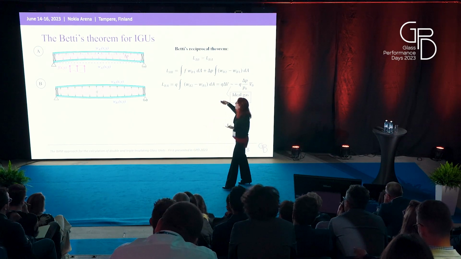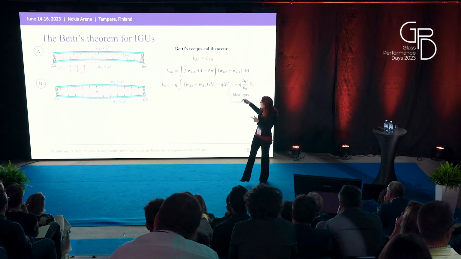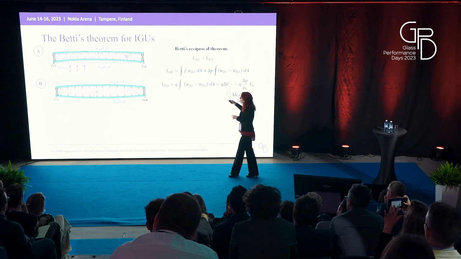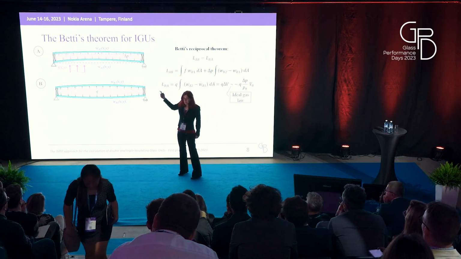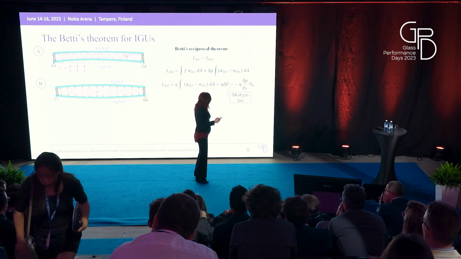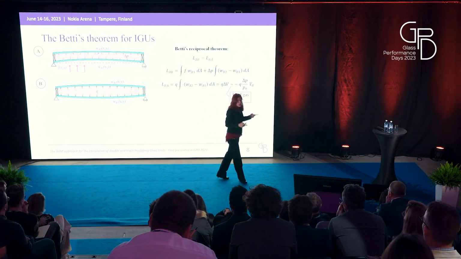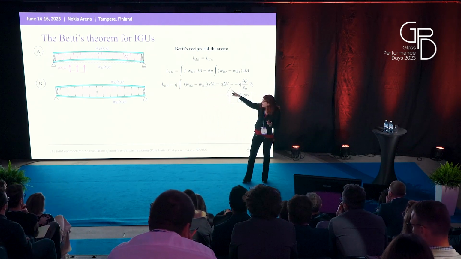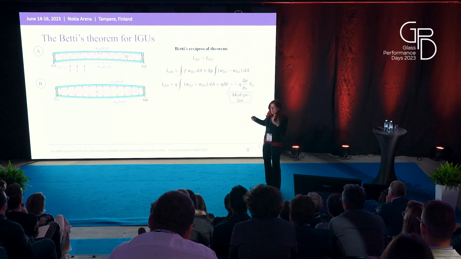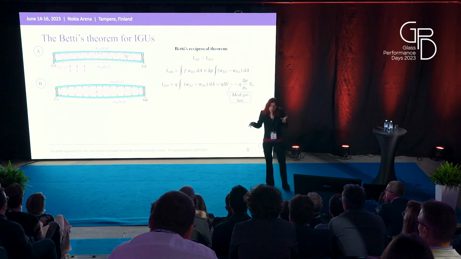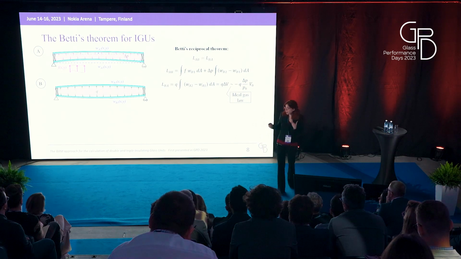So we need to evaluate the reciprocal work, and an important point is that the work done by the system B through the displacement of the system A is simply related to the volume variation. So it can be evaluated without studying the deflection in system A, and so it does not depend on the external boundary condition of our IGU.